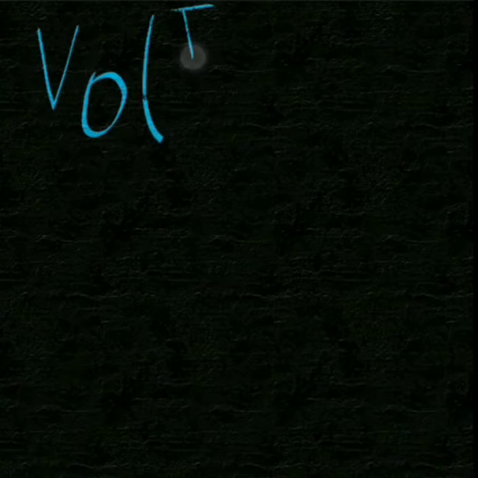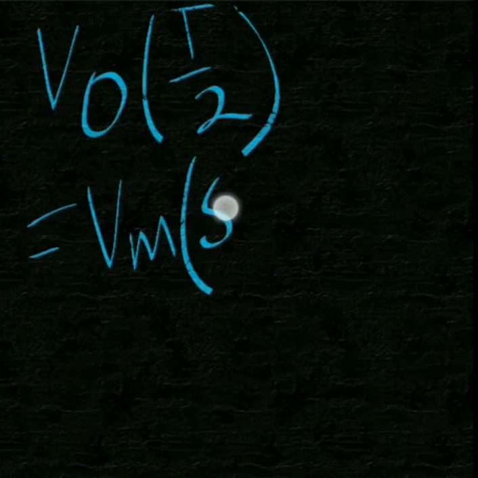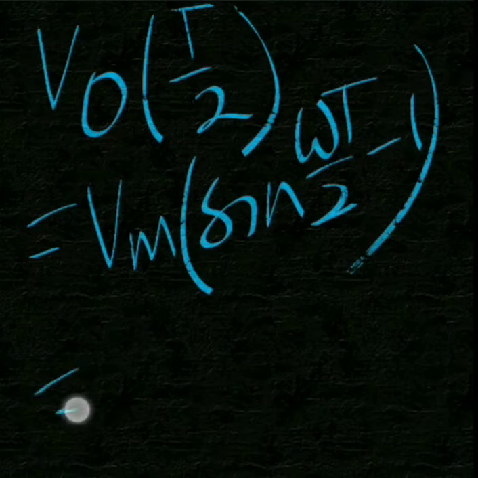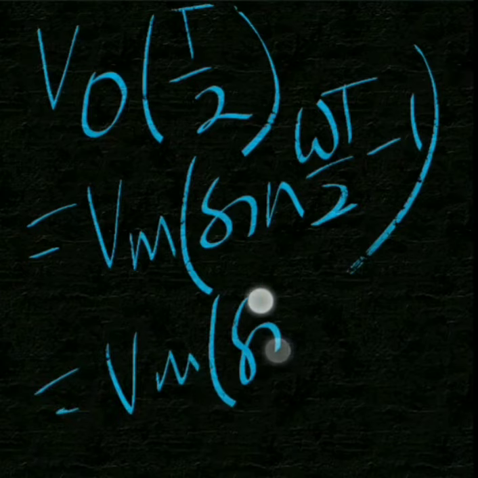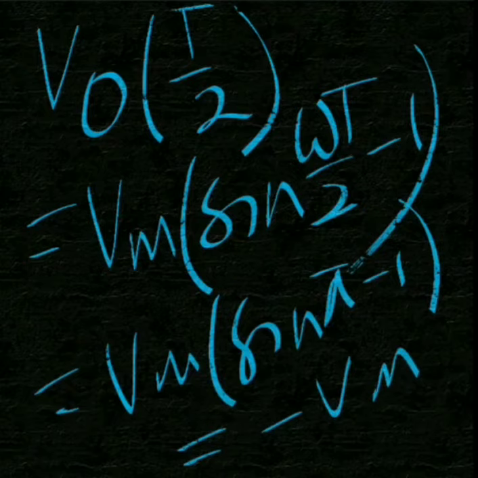Now we will deduce various values of Vo at different time instances and use them to draw the output graph. So Vo at T/2 will be Vm into sin omega t minus 1, that is Vm sin pi minus 1. Sin pi is 0, so this is minus Vm.